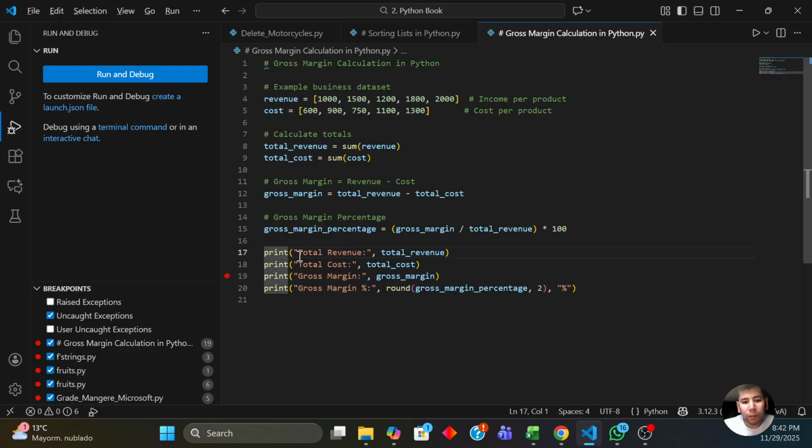The outcomes will be the total of revenue, total cost, our gross margin, and the percentage of gross margin. With those outcomes, we will be able to see if our business is good or it isn't.